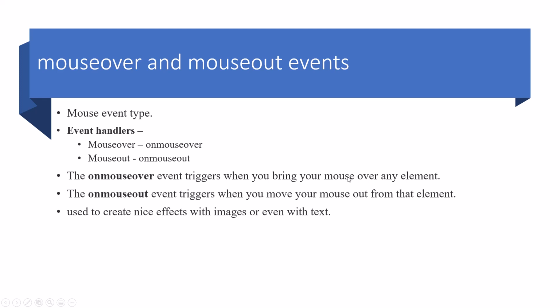So only moving the mouse means this is the mouse which is now pointing at this text. Whenever I bring the mouse over this text, it will trigger that event, and whenever I move the mouse away from the text or away from that element, it will trigger this mouse out event.